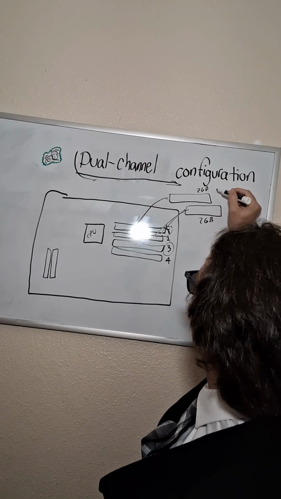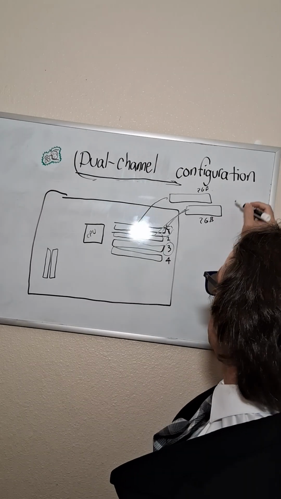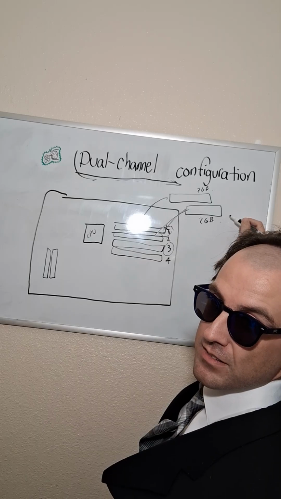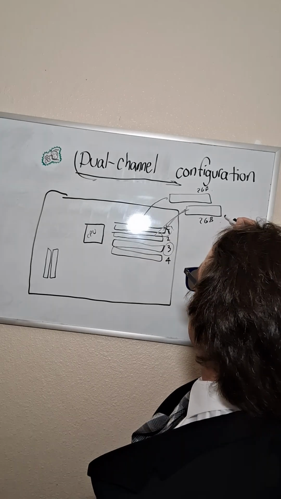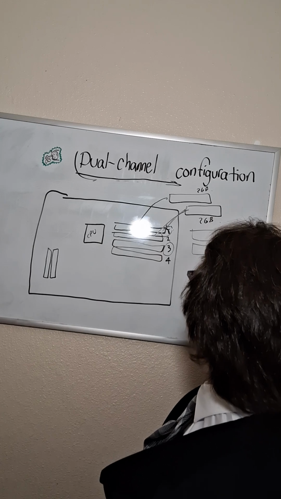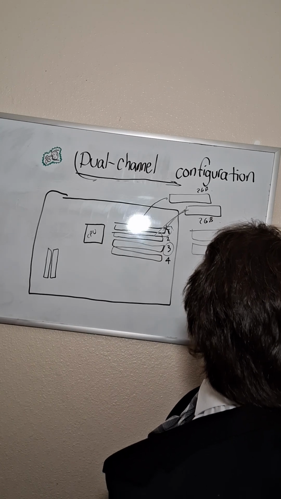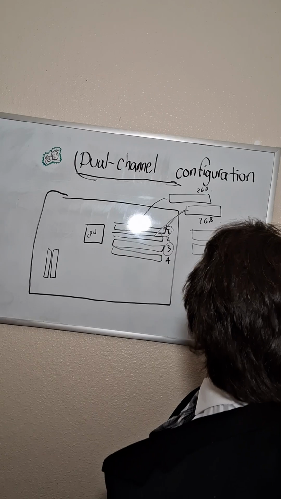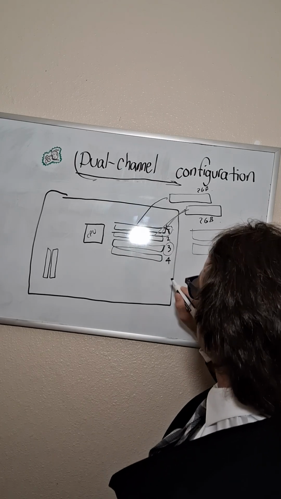So if you have a 2 gigabyte and then you have a 4 gigabyte RAM, you're not going to install those together. Now, you got 2 gigabytes of RAM, and there's 2 4 gigabytes of RAM.